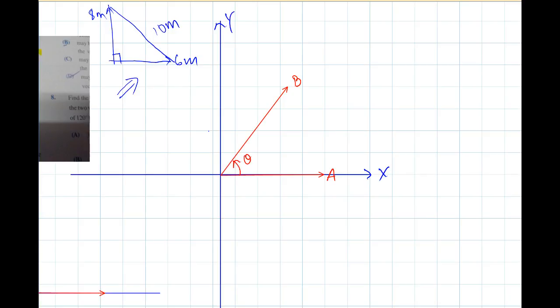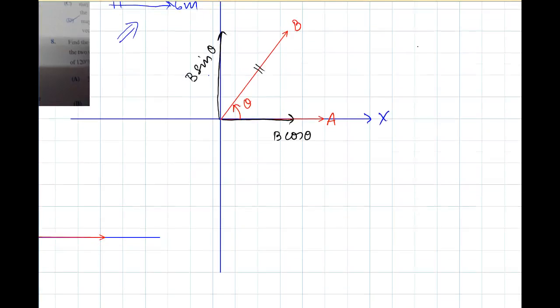I can find two components of B, one along the x-axis, which will be equal to B cos theta, and one along the y-axis, which will be equal to B sin theta. So the x component of your resultant will be A plus B cos theta, and the y component of your resultant will be B sin theta.